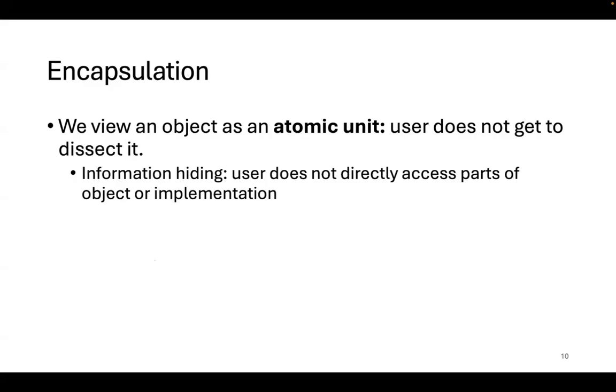You can't break it down anymore unless you want to create a huge explosion, right? So if we've got an object in code, the user doesn't get to dissect it. That's the unit that they have to work with. And this involves information hiding. Encapsulation is all about, I'm going to let you use stuff, but not let you play around with everything.